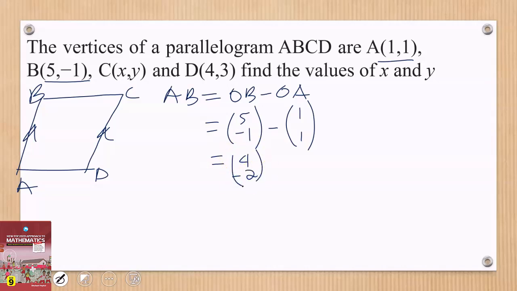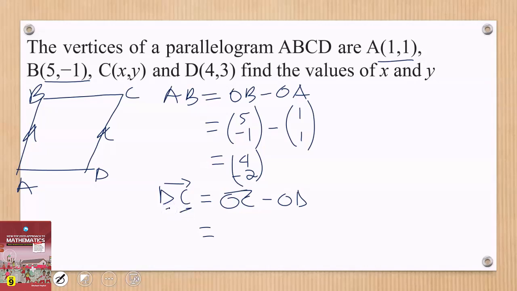So I have this. Then I have to find DC. And DC will give me OC minus OD. And you shouldn't interchange them. If you make it OD before OC, it will be wrong. It's always the second that comes first and then the first comes second.